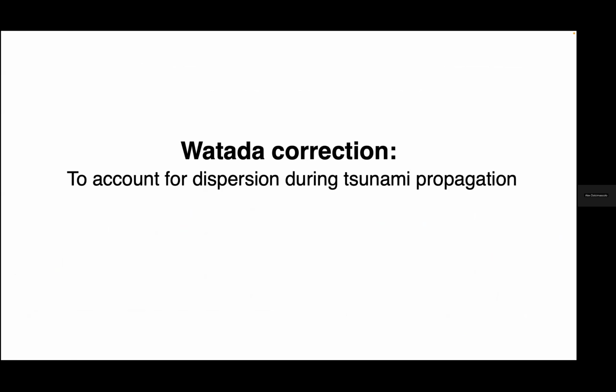So, in addition to the Kajiura filtering, I'm now going to transition into my other topic and introduce the Watada phase correction, which accounts for dispersive effects during tsunami propagation that are not captured by the shallow water wave equations using GeoClaw. While GeoClaw does have a Boussinesq version that includes dispersion, like we heard a lot about yesterday and earlier today, the Watada correction can provide a simple way to approximate these effects directly at tide gauge locations.